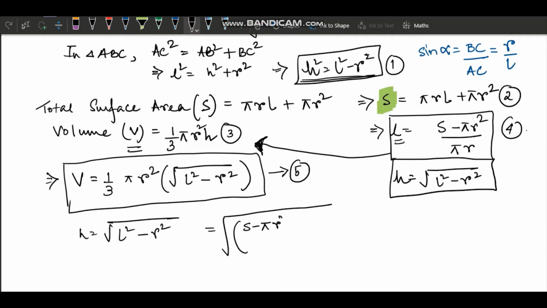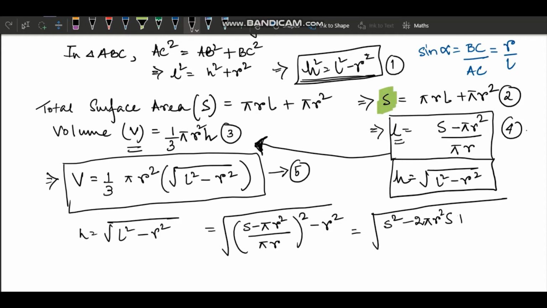So that is S minus pi r square by pi r whole square minus r square. Expand this by using the formula for a minus b whole square. So we have S square minus 2 pi r square S plus pi square r to the power 4. This whole thing is divided by pi square r square minus r square.